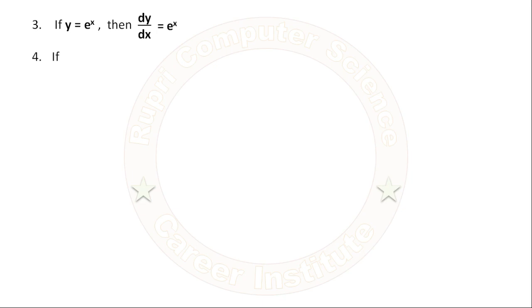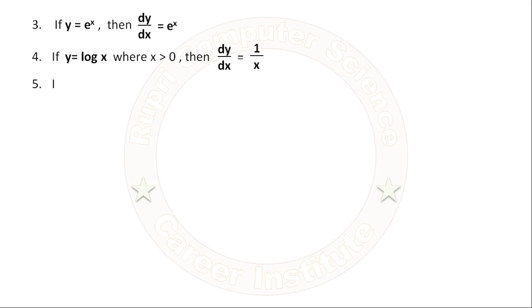Next, fourth, if y is equal to log x, where x is greater than 0, then dy/dx, the derivative of log x, is 1/x. Therefore dy/dx is equal to 1/x.